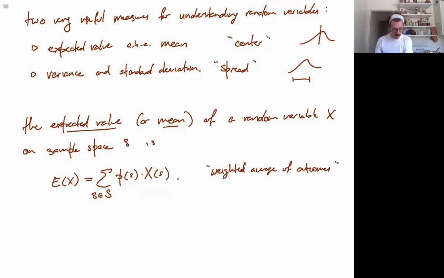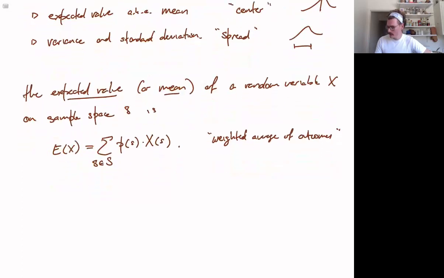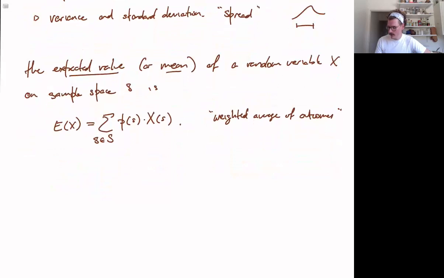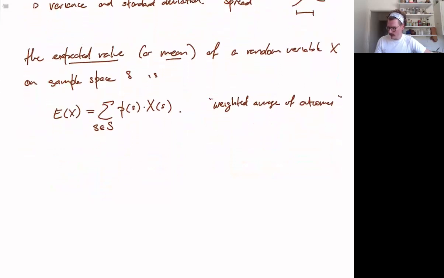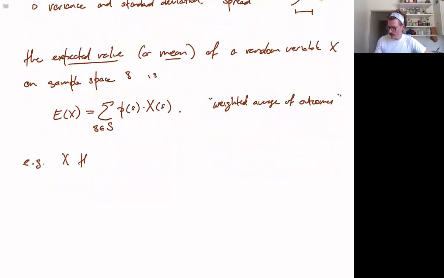So let's do a little example. For example, X, the random variable, which is rolling a 6-sided die, what is the expected value of this?